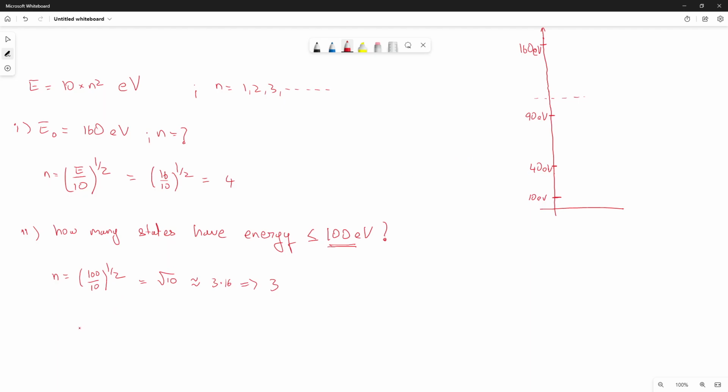Okay, so now tell me this. If the particles are electrons, then how many states will I have? These are energy levels now. If the particles are electrons, will the number of states change? Will something change?